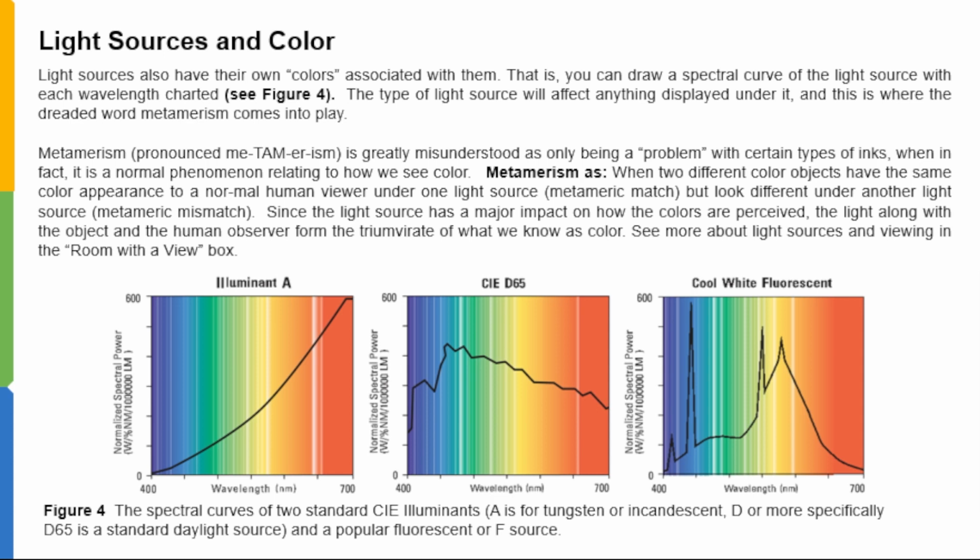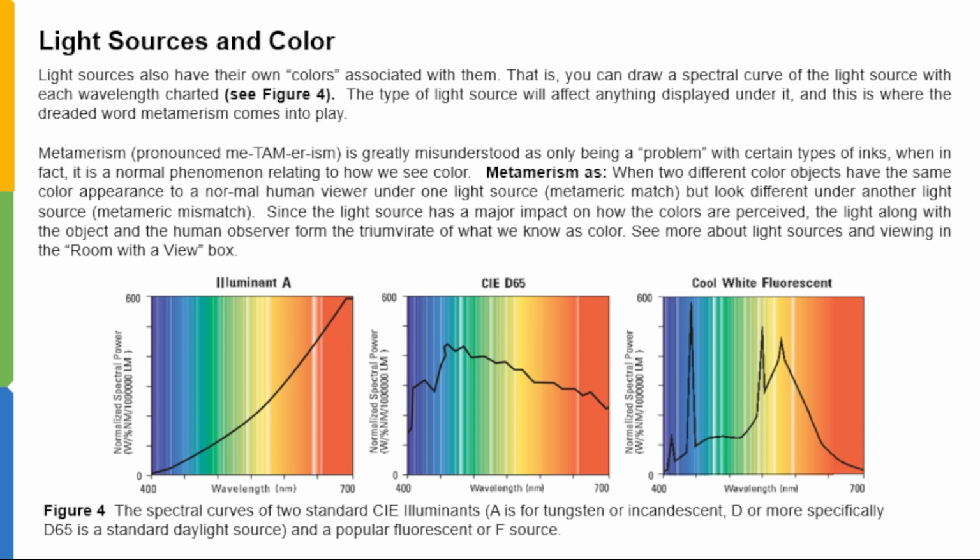Light source and color. Light sources also have their own colors associated with them. That is, you can draw a spectral curve of the light source with each wavelength charted. See figure 4 here. The type of light source will affect anything displayed under it.